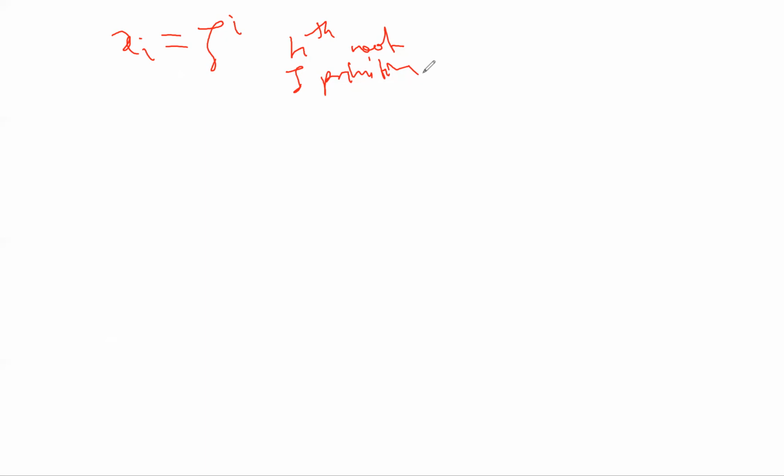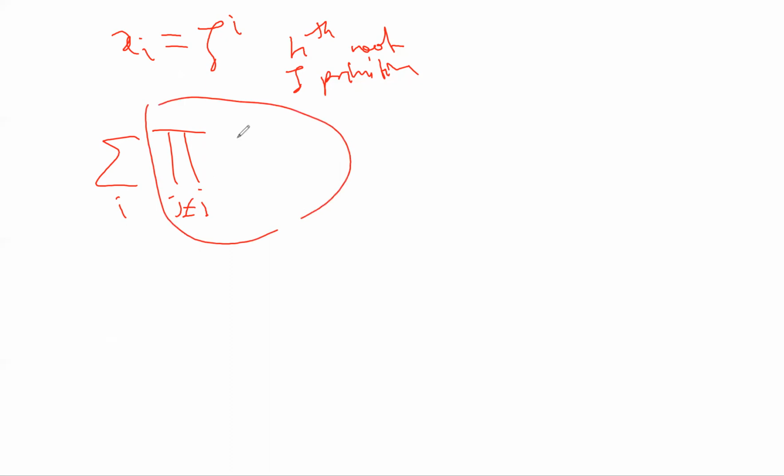So the ith term is this thing here. So j could equal n minus i.